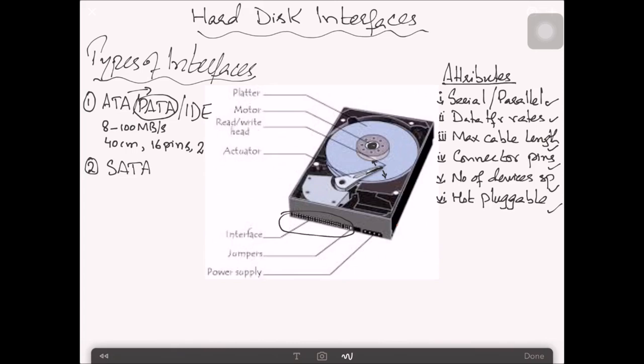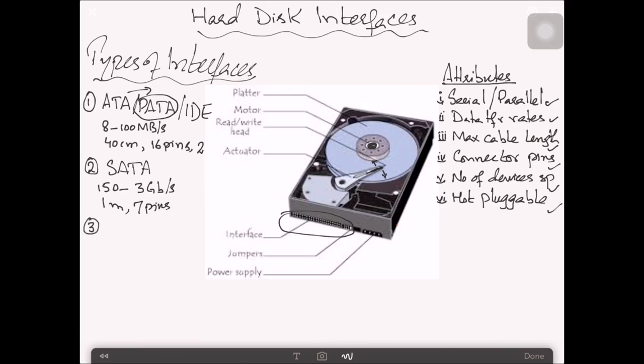So in SATA, the data transfer rate is from 150 megabytes per second to 3 gigabits per second. The cable length is up to 1 meter. It has 7 pins and therefore lesser issues with electromagnetic interference. And of course it is hot pluggable as well.